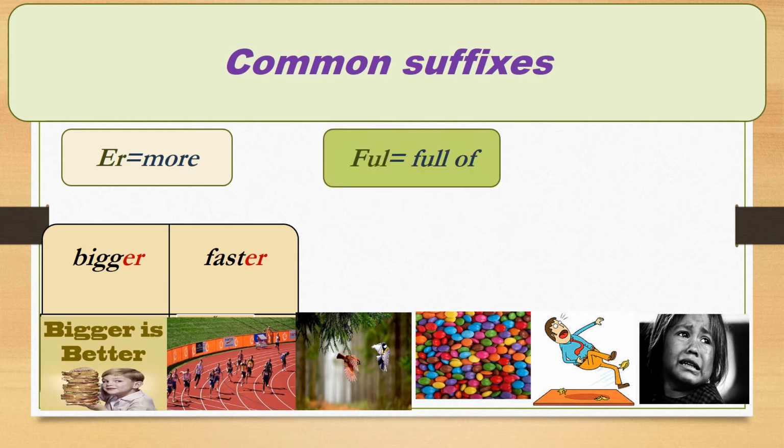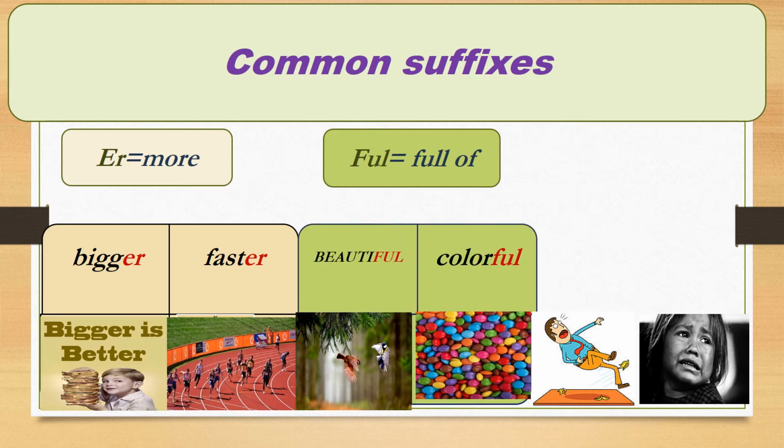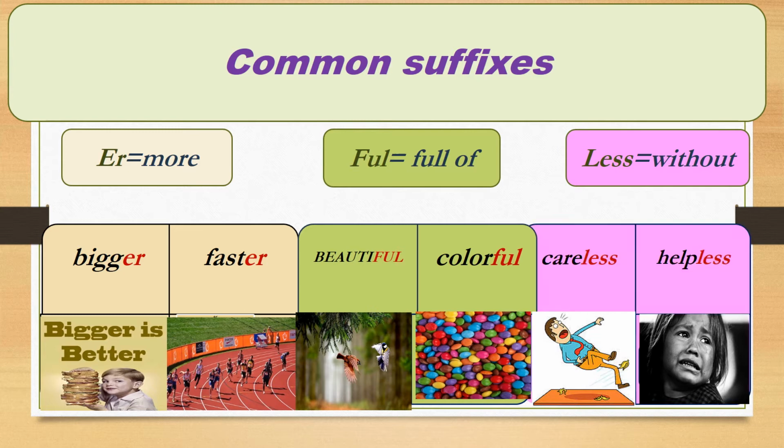Yes, and we have full of مليء ب, such as beautiful or colorful. beauty جمال, beautiful جميل أو مليء بالجمال, colorful ملون. Yes, and we have less والتي تعني without, such as careless and helpless. careless يعني without care يعني بدون اهتمام, مهمل. helpless بدون مساعدة أو عاجز.